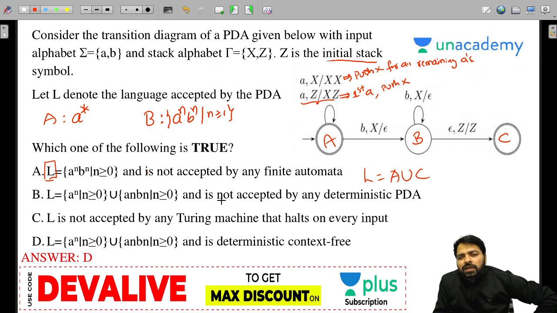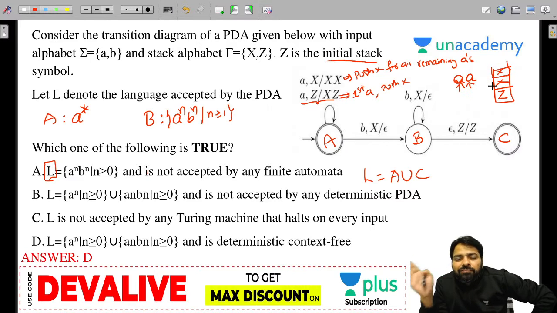Look, if you give aa as input, initially Z0 is there, because Z is the initial stack symbol. When you read a, what do you push? X. Another a, you push X. Now you are in the final state, that's why aa is accepted. But if a single b comes, it will pop one X by taking this path.